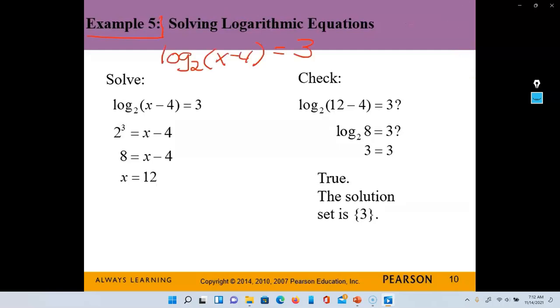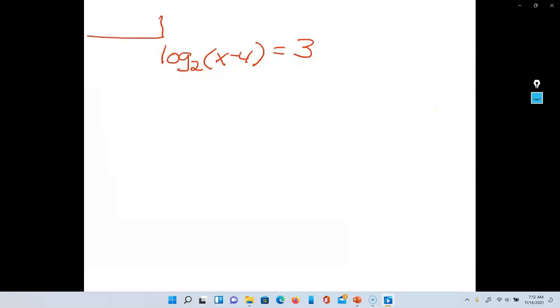All right, this is example 5, and we see the problem, and we'll go to the whiteboard. So there it is in standard log form. We're now going to put it in exponential form. Our base is 2. Our exponent is 3.